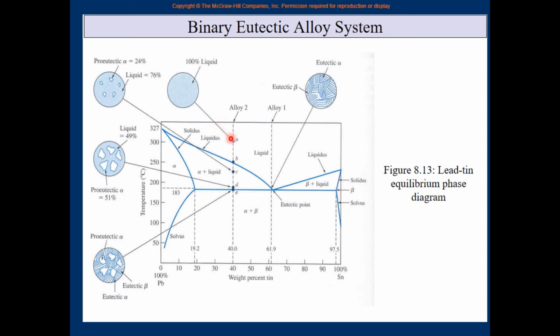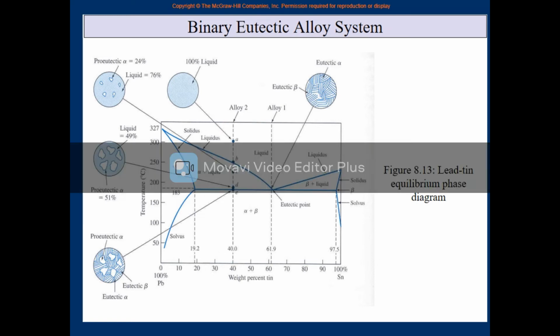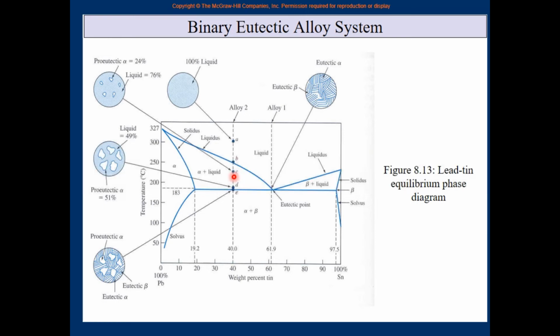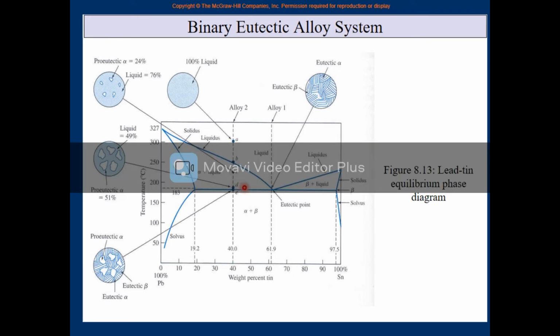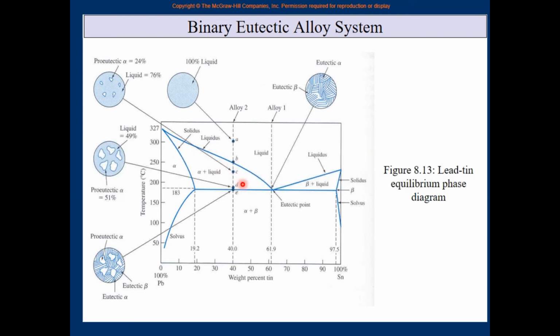So when you just touch this line, a very small amount of the liquid starts to become solid, and that solid will be alpha. If we drop the temperature further, more liquid has turned to solid. At point D, just above the eutectic line, maybe 90 to 95% of the liquid has changed to alpha, but some 5 to 10% liquid is still there.